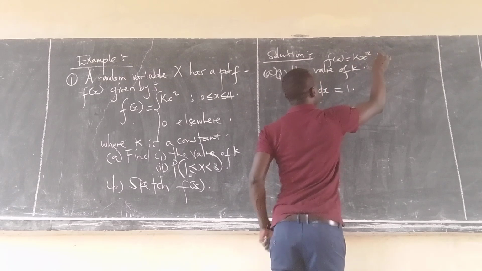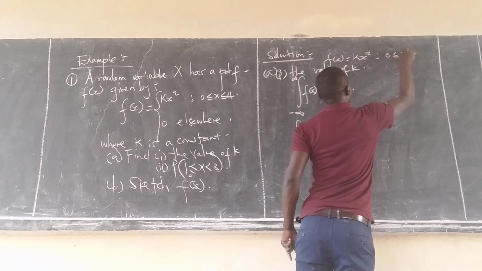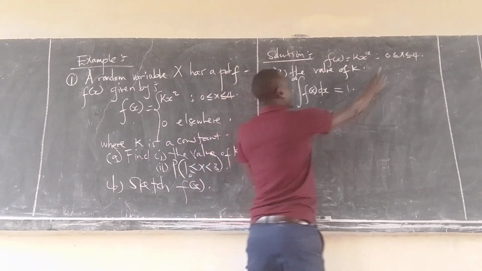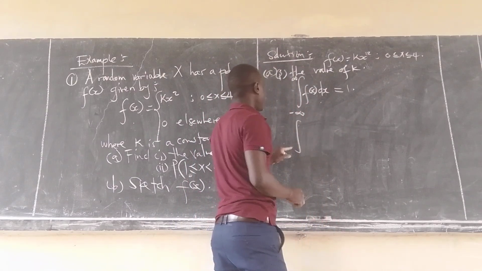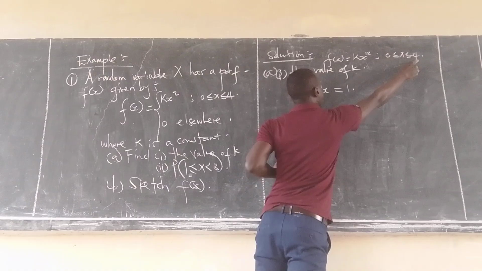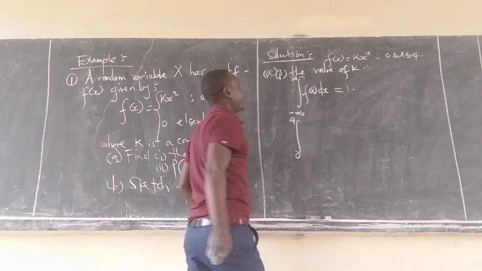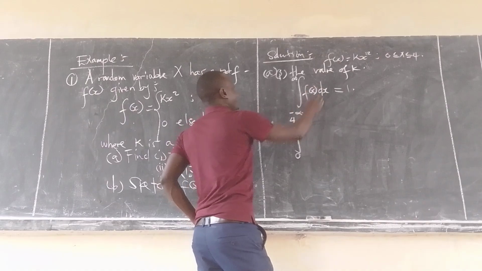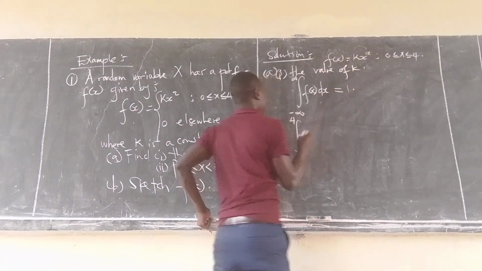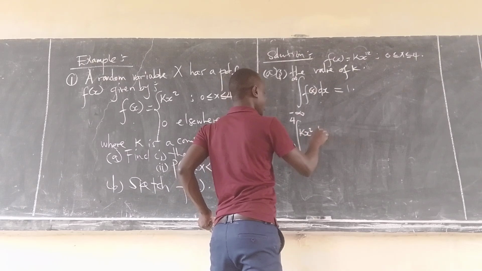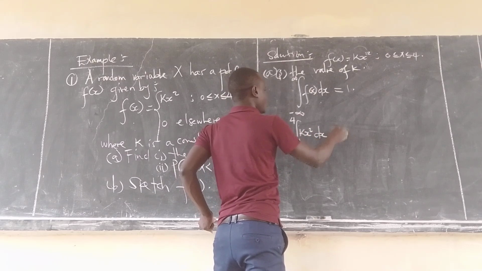That is when x runs from 0 to 4. So where there is negative infinity, we put the lower limit, and where there is positive infinity, we put the upper limit. So we shall have 0 to 4. Where there is f of x, we put kx squared dx, which is equal to 1.